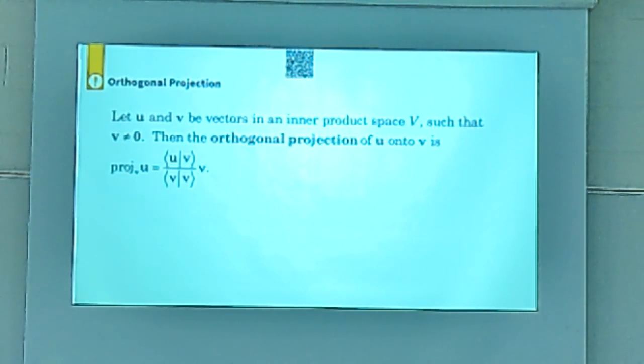The orthogonal projection of U onto V is defined as the inner product of U with V divided by the inner product of V with V, times V. Again, remember, all of these operations are as defined in the vector space.